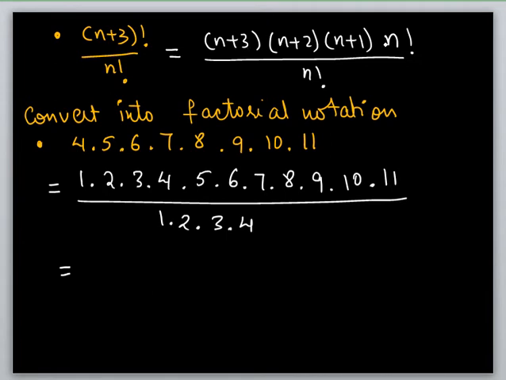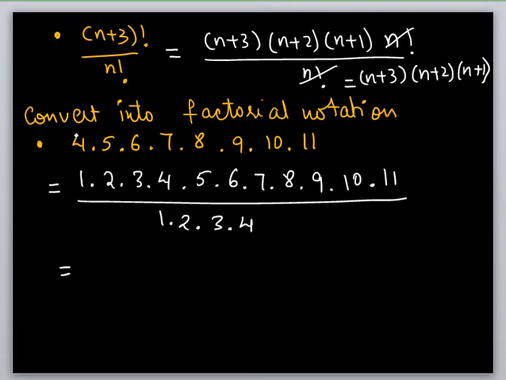So in decreasing order it gets expanded, and we stop at n factorial. We don't expand it further because we already have n factorial in the denominator. So these two get eliminated, and what are we finally left with? The result is n plus 3 into n plus 2 into n plus 1. This is how we can even get rid of the factorial.